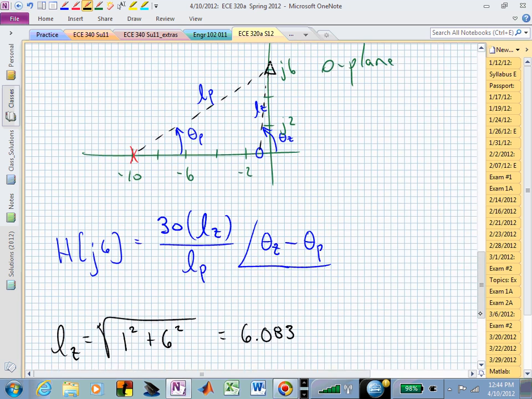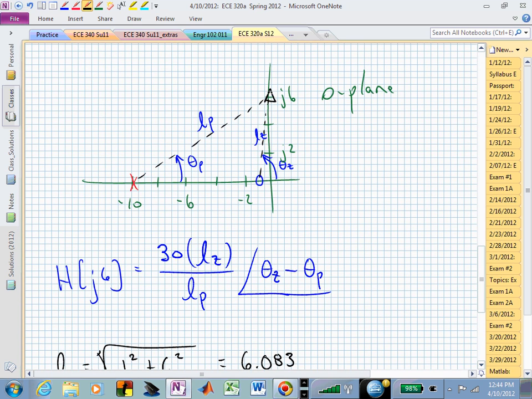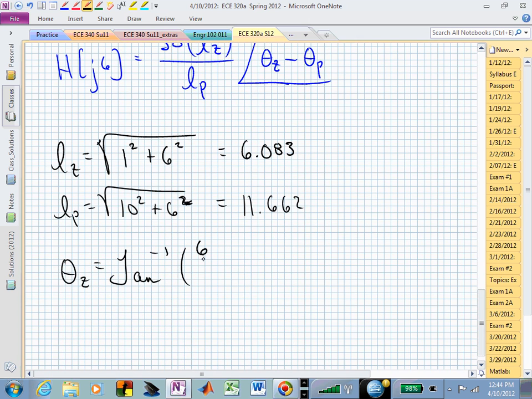My angle of the zero is now, the vertical distance is 6, the horizontal or adjacent side is 1. I'll try to be explicit in how I'm defining that theta sub z. That's a pretty good size angle, it's 80 degrees. What's the maximum a zero could contribute? 90 degrees.